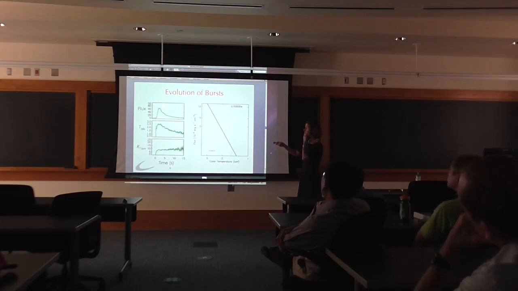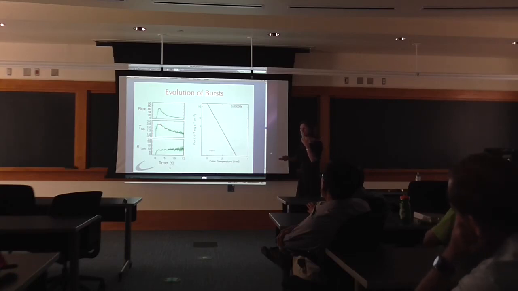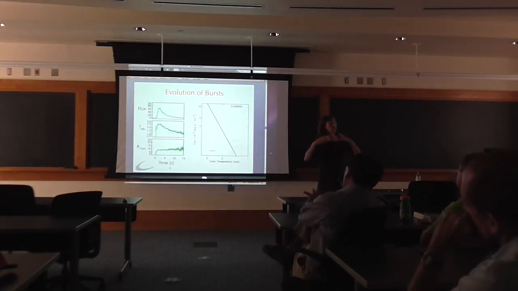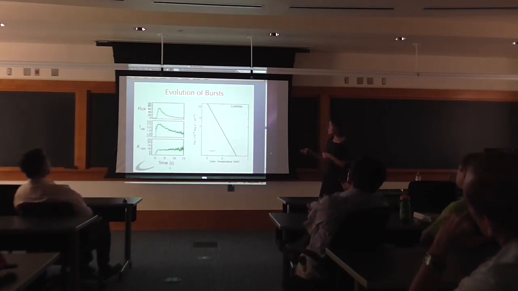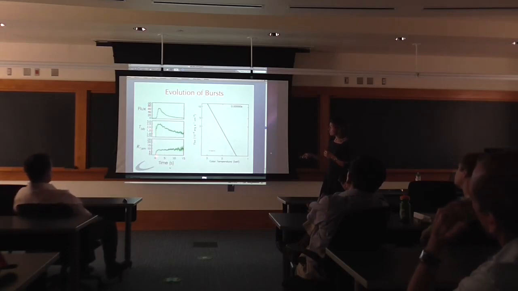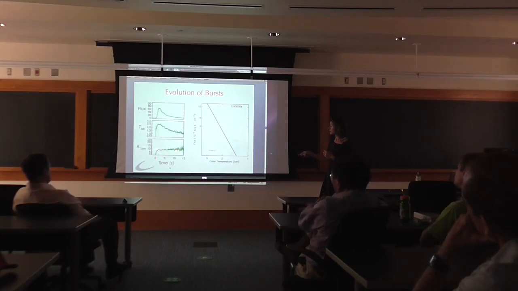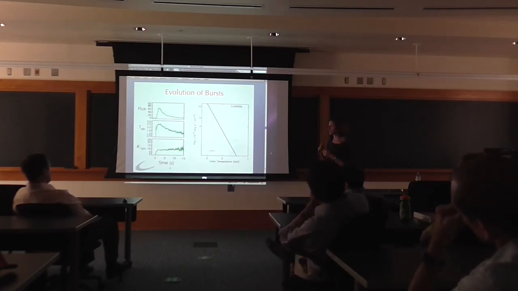And if you divided this up and asked what is the spectrum doing, what's the temperature doing, you would see that the temperature would shoot up to about 2.5 keV or so, and then slowly decay as all the energy generated through the thermonuclear reactions turns into photons and diffuses outward from the star. If you take the flux and divide by T⁴, what you see is that the emitting area has a sharp increase and then stays roughly constant, and then the data get noisy.